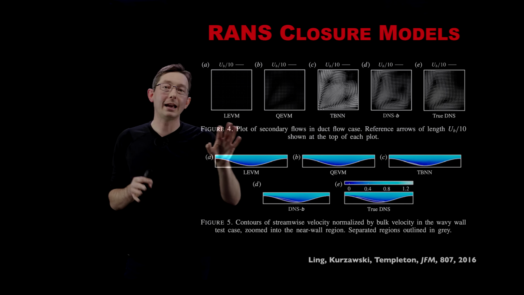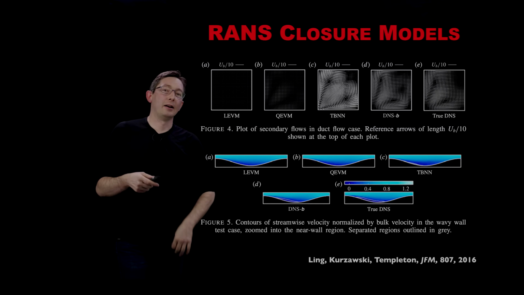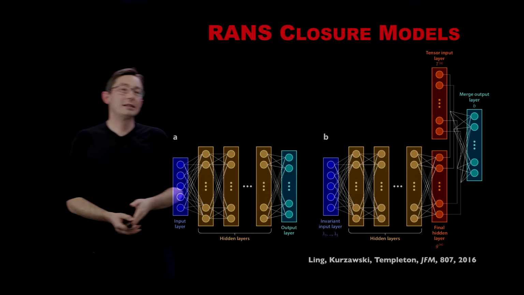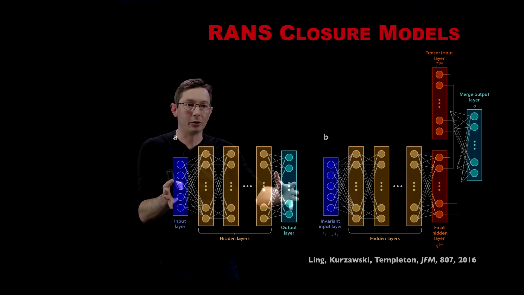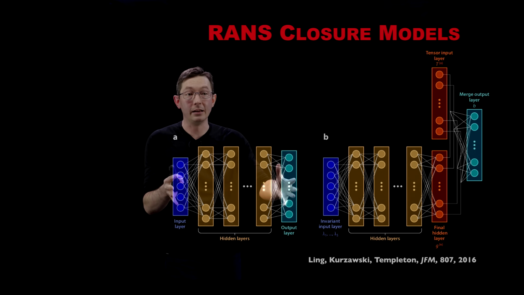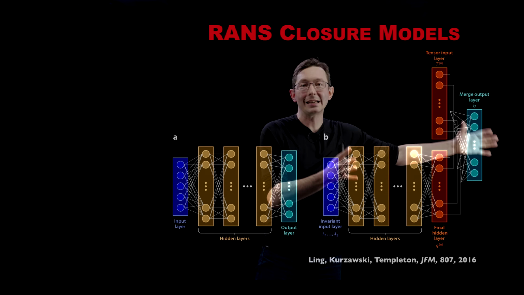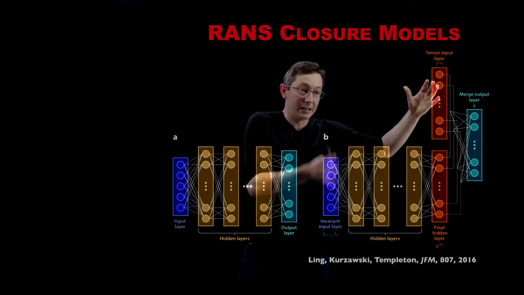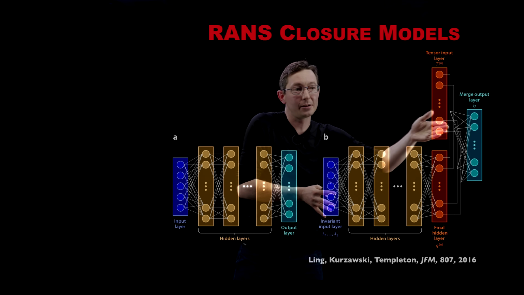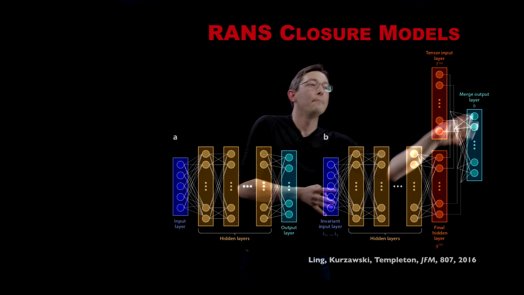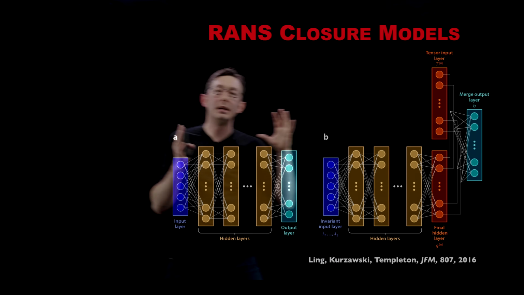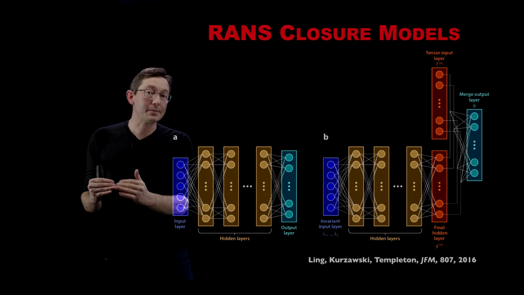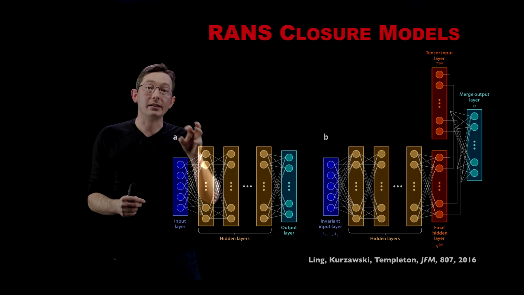And so what Ling et al. did was essentially model, and I want to go back to that neural network picture. They essentially, instead of just building a big deep neural network, which is what you might have done if you were naive, they built this custom physics-informed neural network structure that has an invariant input layer and this kind of tensor layer times these coefficients, so that by construction, the network that they have designed, the turbulence model that pops out satisfies those 5 invariants.